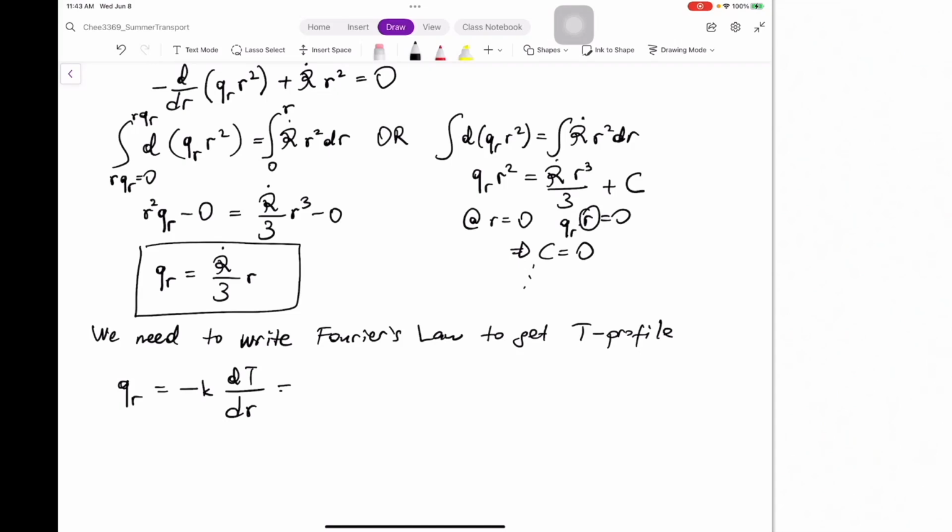And we equate it to this equation, and we write down fancy R dot r over 3, and from here we find dT is equal to minus fancy R dot over 3k r dr, and then you take the integral of both sides.